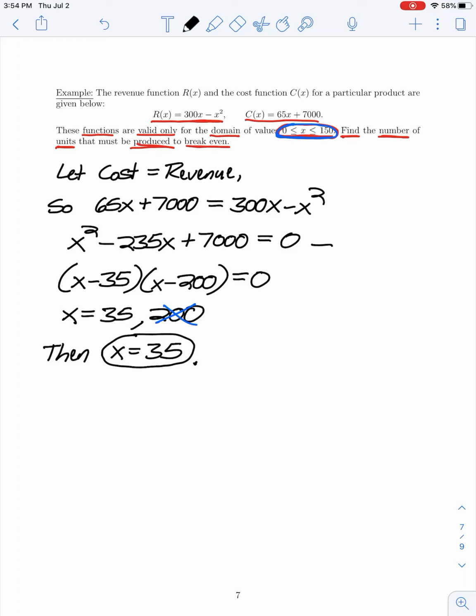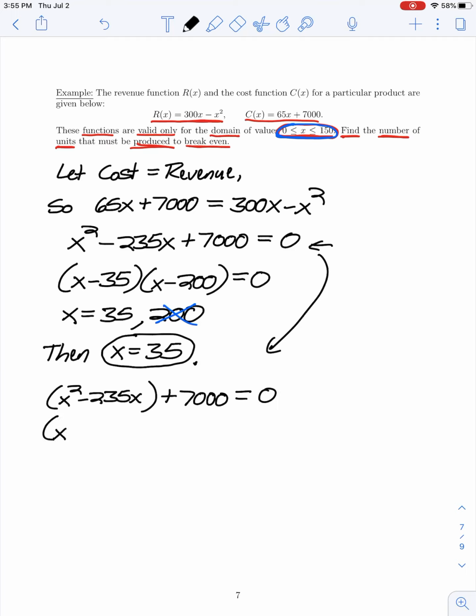Now another way that we could go about solving for this x in this quadratic would be by completing the square. We could rewrite it in the standard form for the equation of a quadratic. So to illustrate how we would do that, we would have our x squared minus 235x, which I would group, plus 7,000 is equal to 0.